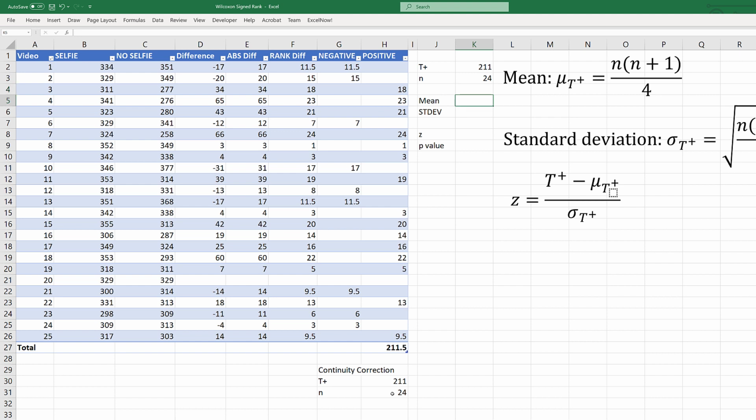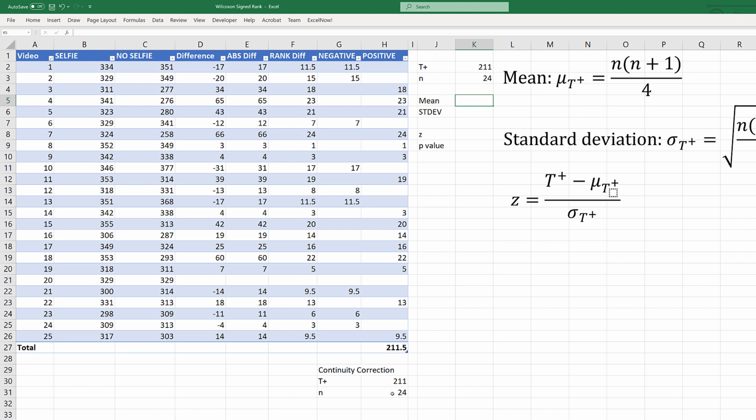Now the mean is mu sub T plus, and that is the formula over here on the right. So N times quantity N plus 1 divided by 4. Now remember what we're saying with this calculation, this is what we would expect the mean to be if the negative and positive summed ranks were equal.